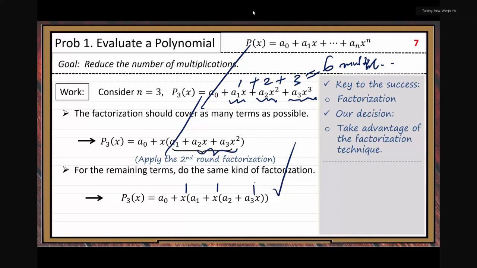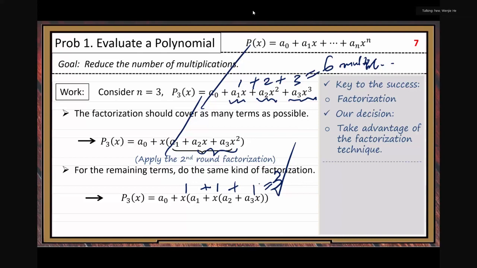That's all we have, no other multiplications. Additions we bypass. So the total number of multiplications is 3. Look at the reduction: from 6 to 3. That's the reduction for a cubic polynomial.